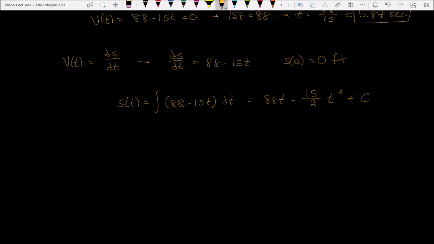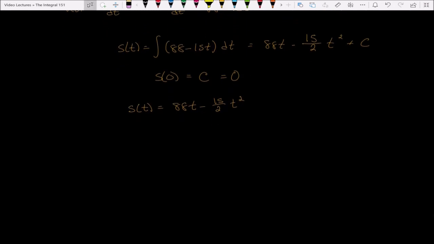So 88t minus 15 halves t squared. Using our initial condition, s of 0, if we plug it in, we just get c, and that has to be 0. So we can take our position function to simply be 88t minus 15 halves t squared.